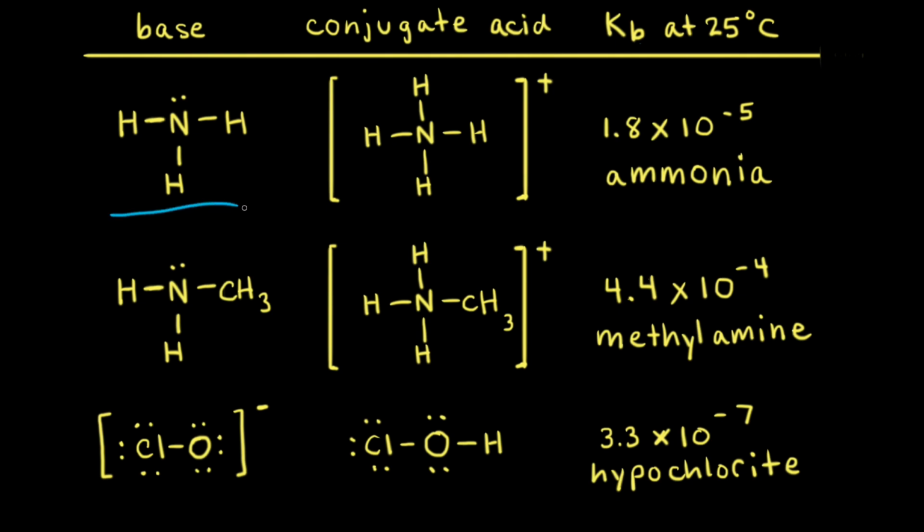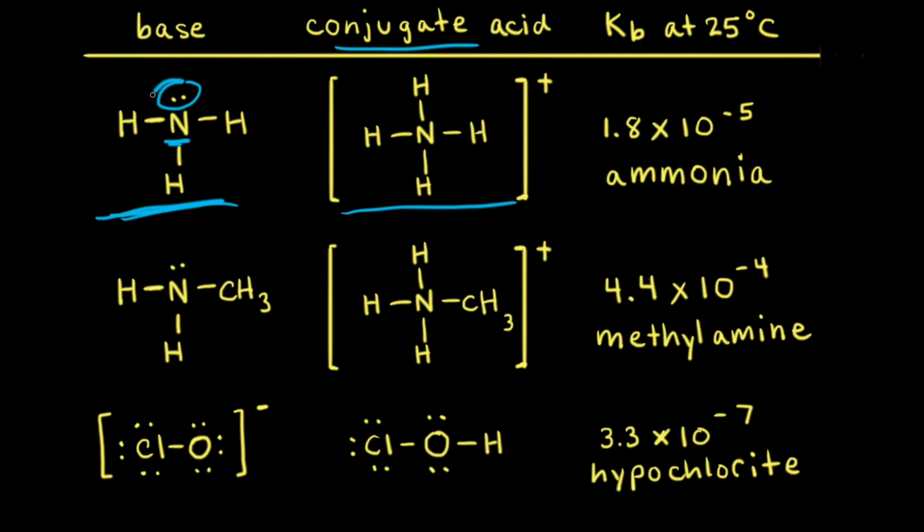Here's the dot structure for ammonia, and notice how ammonia has a nitrogen with a lone pair of electrons that's capable of accepting a proton. A proton is H+, so if we add an H+ onto NH3, we form NH4+, which is the ammonium ion, and it's the conjugate acid to ammonia.